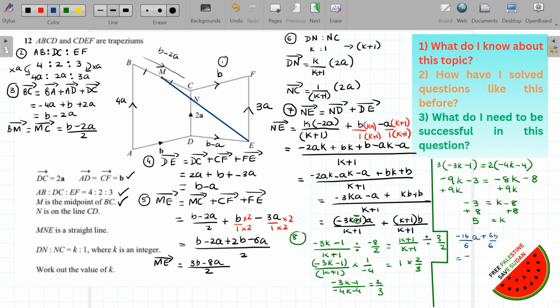So that'll be literally minus 16a plus 6b over 6. And if I factorize it, I can have 2 over 6 times minus 8a plus 3b, which shows it's a multiple of ME. So that's an indication that it is correct.